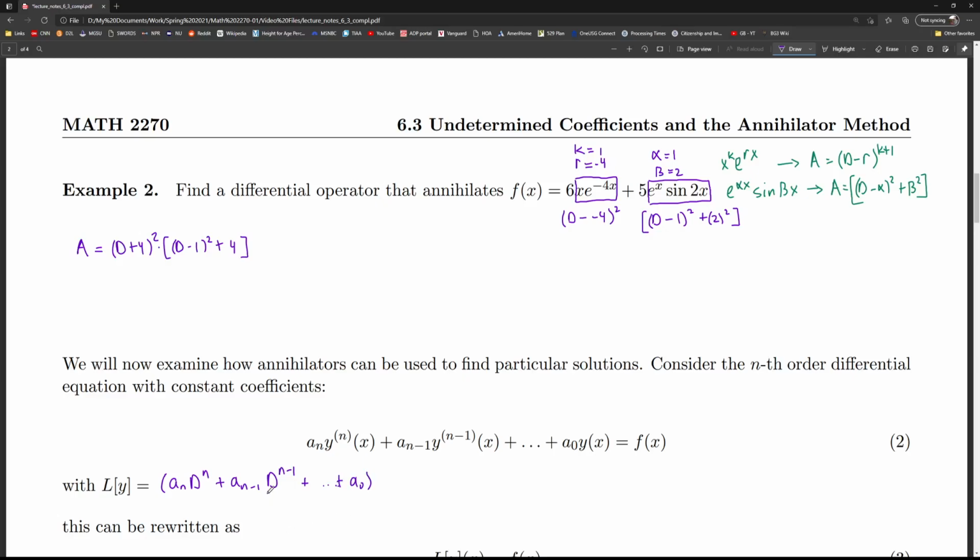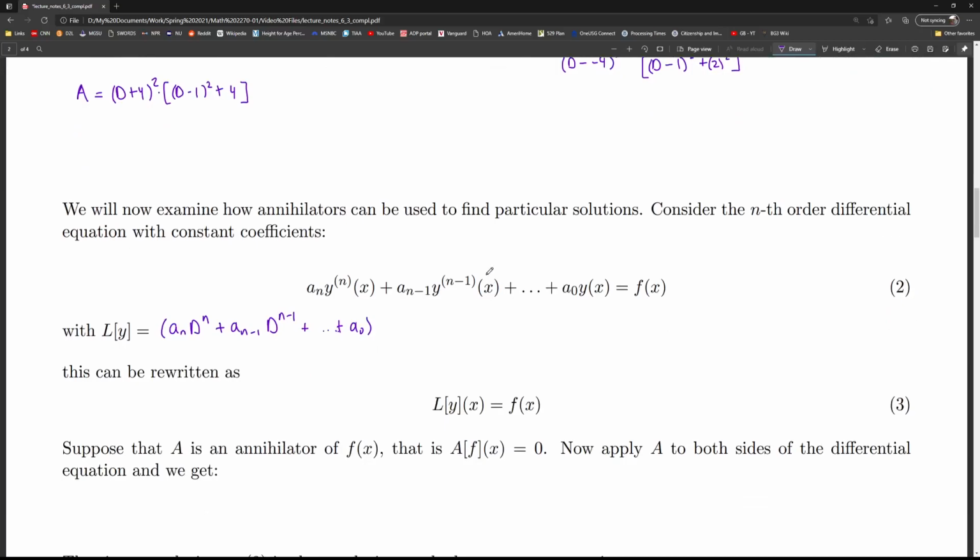Now, if we use that notation, we can then rewrite this non-homogeneous differential equation as L of y of x equals f of x.